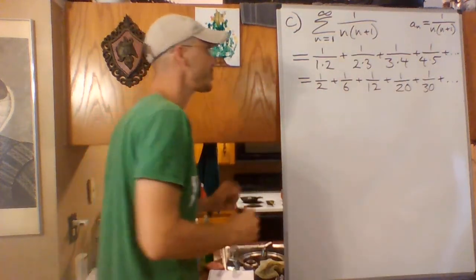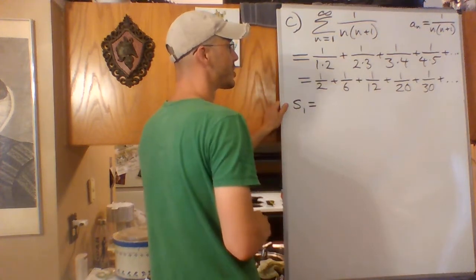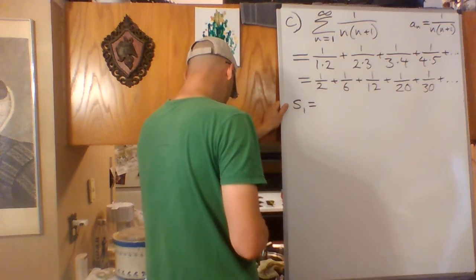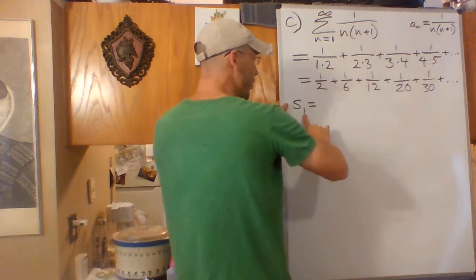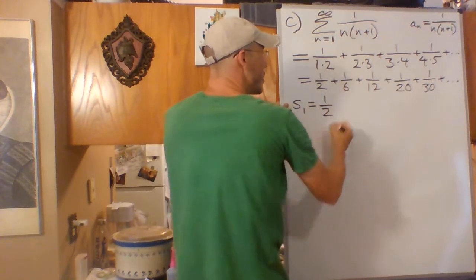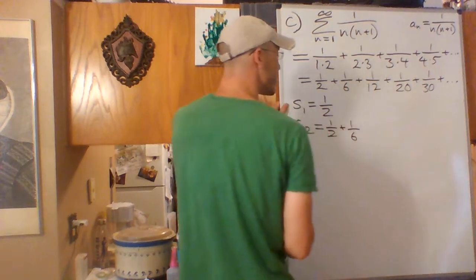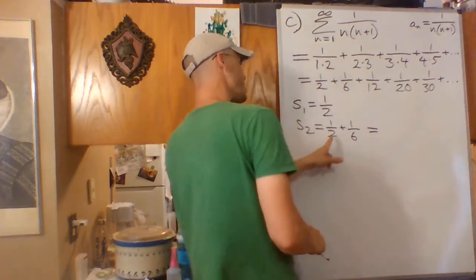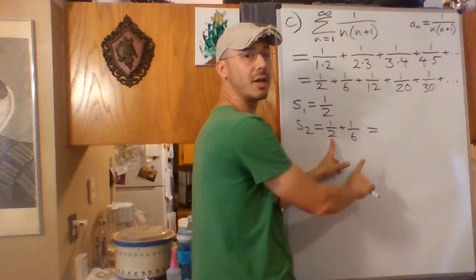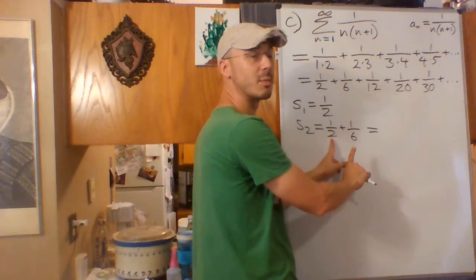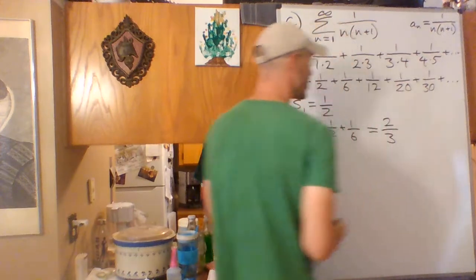We're going to look at the partial sums, which are just what we get from adding together. Well, for the first one, it's just the first term. For the second one, it's 1/2 plus 1/6. And this is 3/6 and 1/6, that's 4/6. The 4/6 reduces to 2/3.